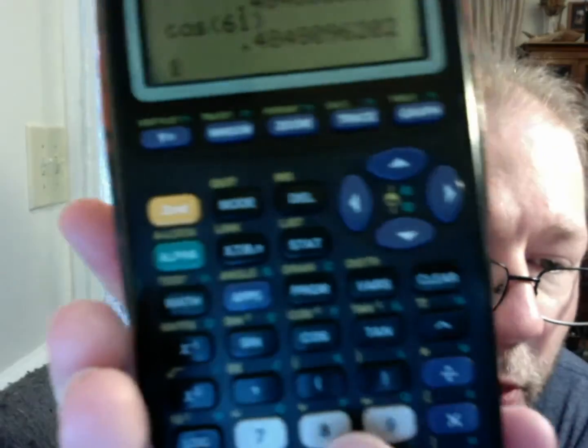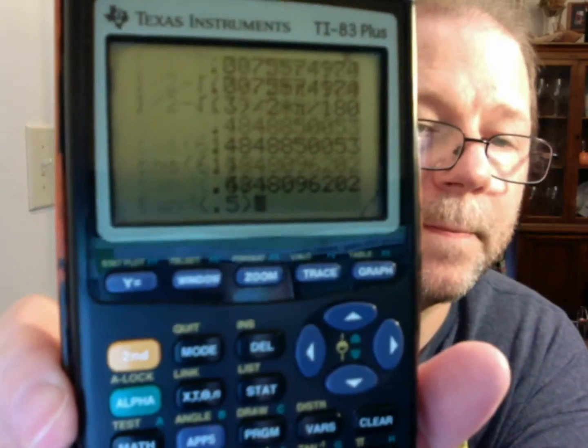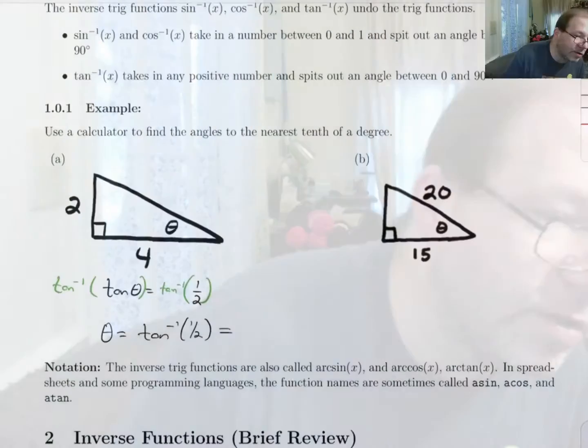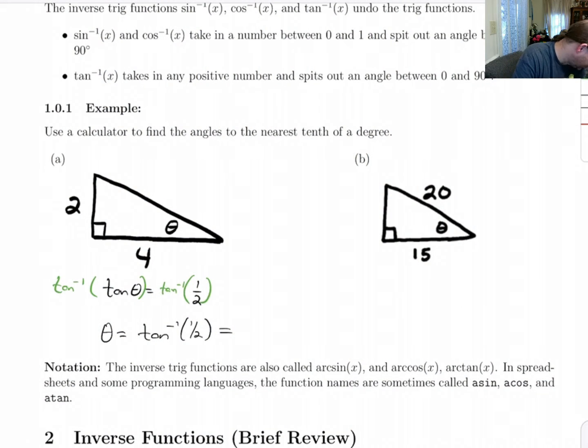Sorry, that might be a little blurry. So anyway, I'm just going to do inverse tan of 1/2, and this should spit out some number. Yeah, 26.56. To the nearest tenth of a degree, this is going to be 26.6 degrees.